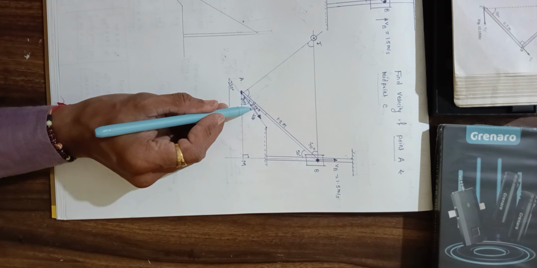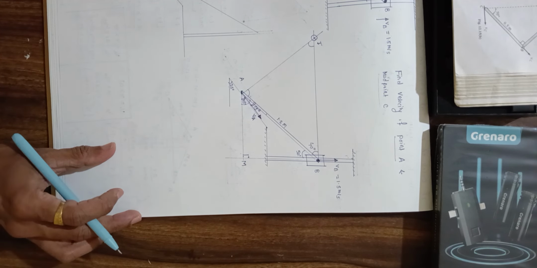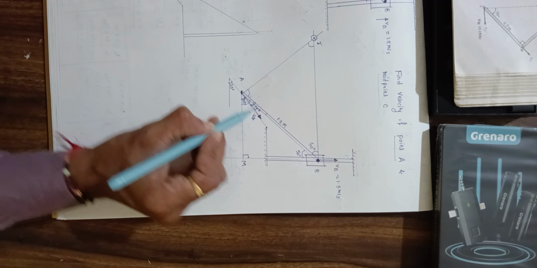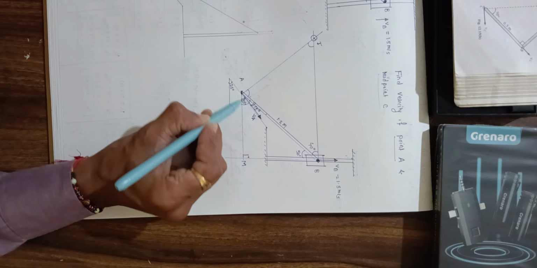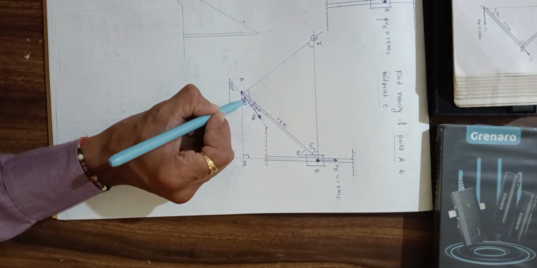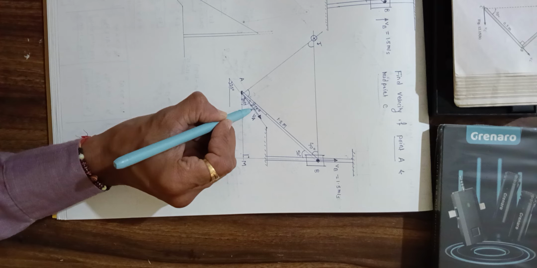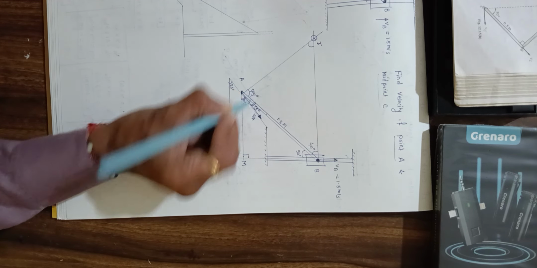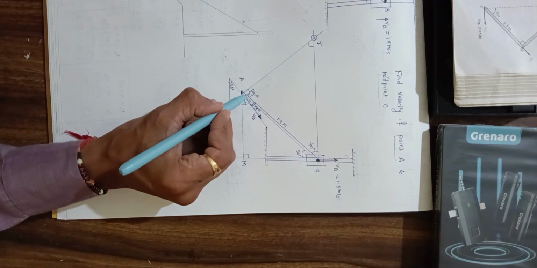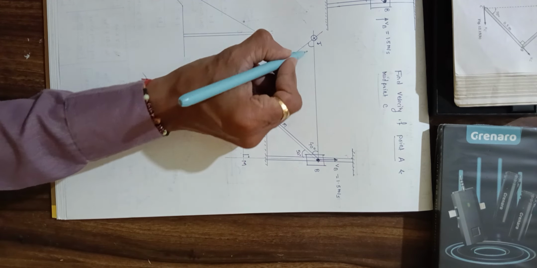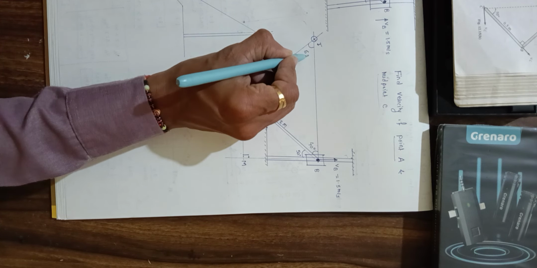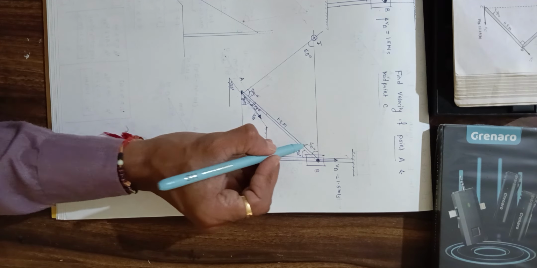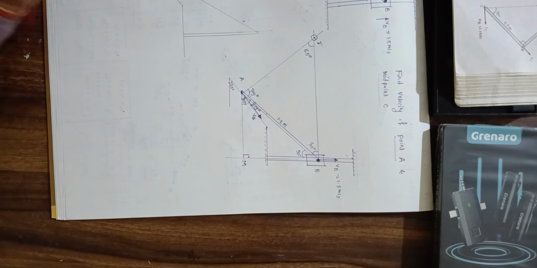Now this line AI is perpendicular to this VA vector, so this total is 90 degree. From 90 subtract this 15 degree, so this internal angle is 75 degree. Now this is 75, this is 40, so the remaining angle is 180 minus 75 minus 40, which is 65 degree.